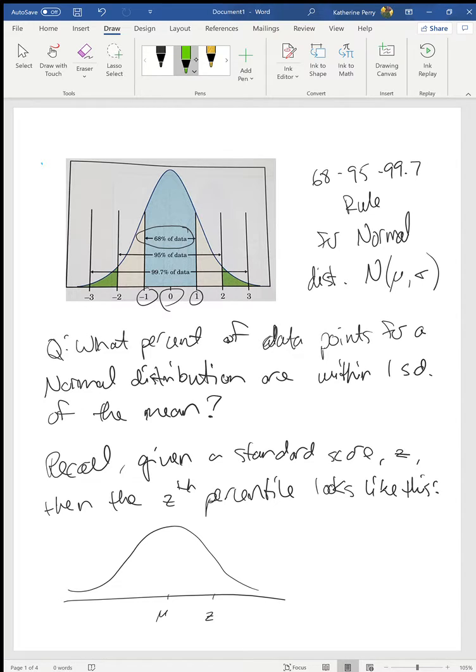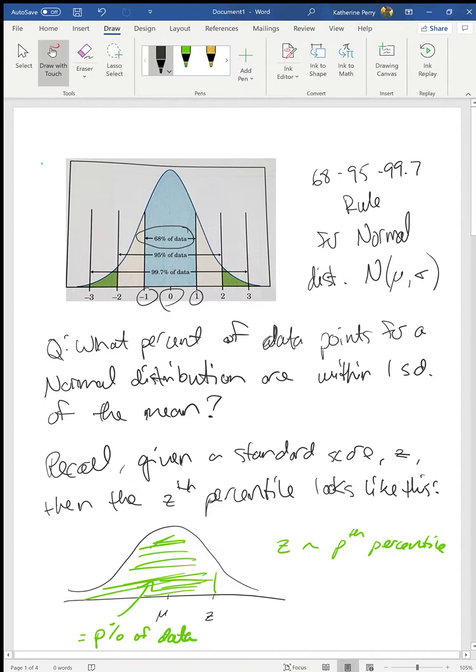I'm going to say that if z has some percentile, so z has maybe p percentile, then if I shade everything to the left of z, then this green part is equal to p% of data.